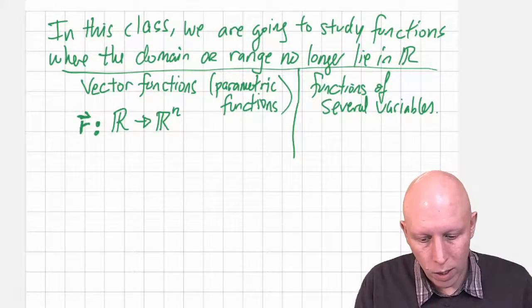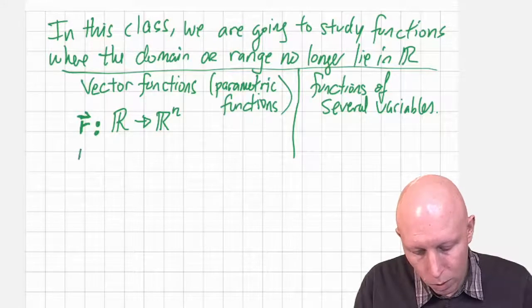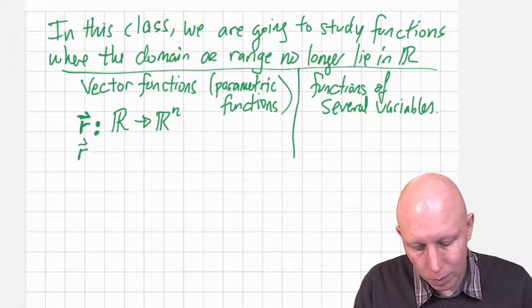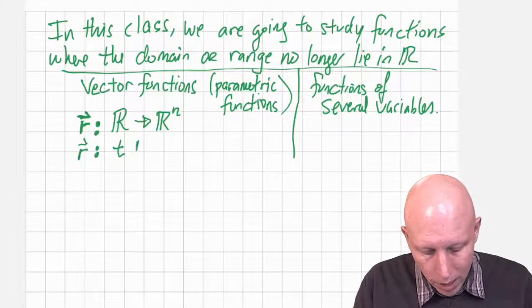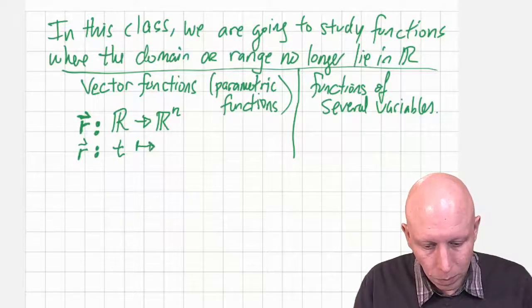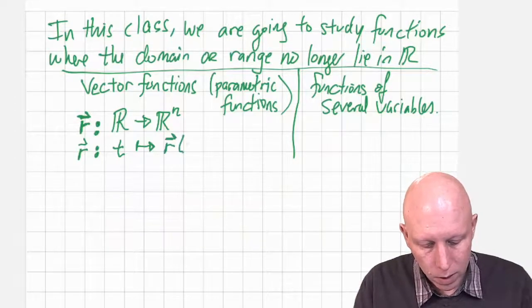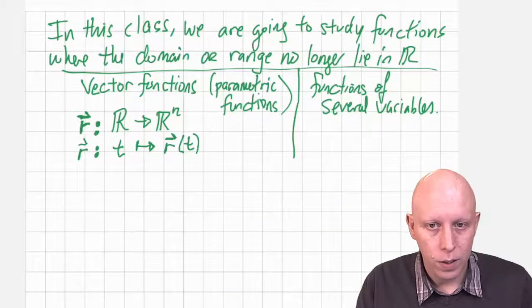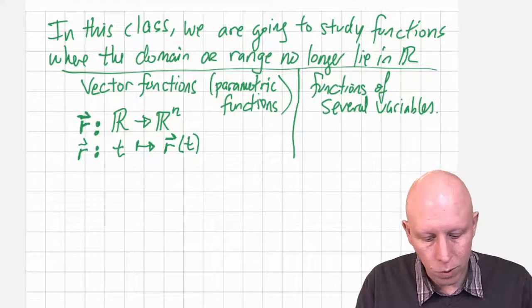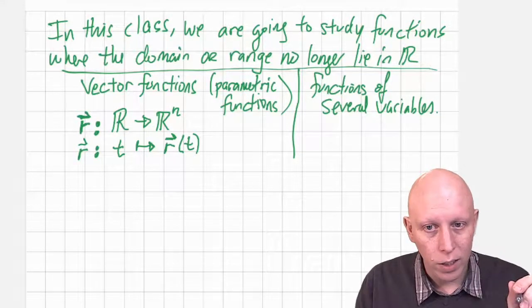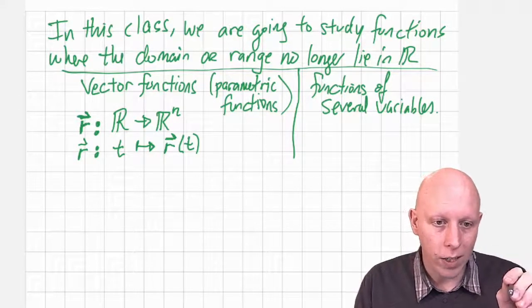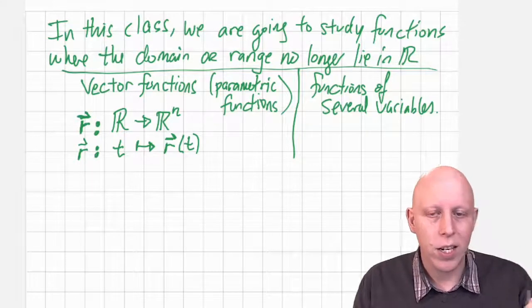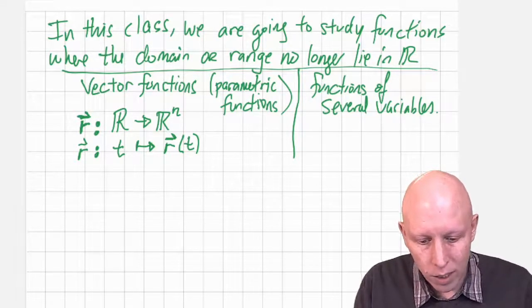What r does is take a value t in R, and the output of this function is a vector r of t. Before, we had a function from R to R that took x to y of x, or x to f of x. Here we're taking t to r of t.